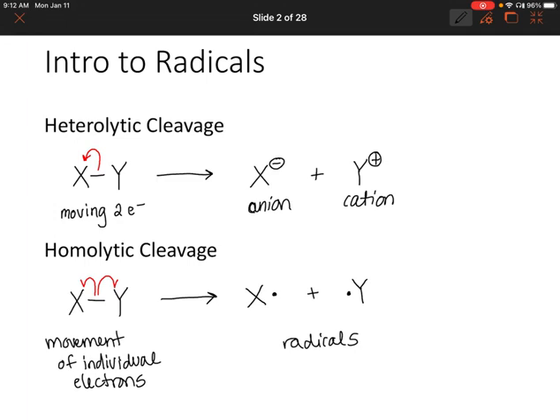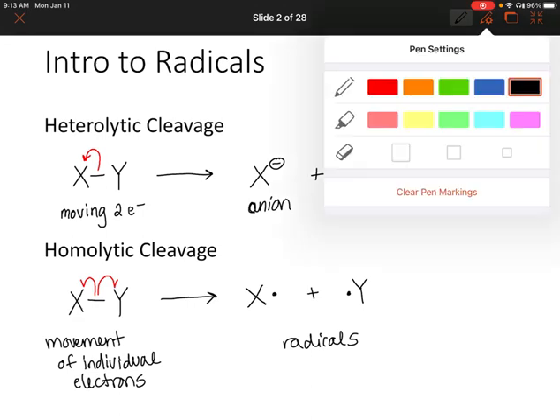Now, you might have also noticed I'm using different arrows to show the movement of two electrons versus one electron. So if an arrow has two barbs, or a regular heading there, then you're showing the movement of two electrons.